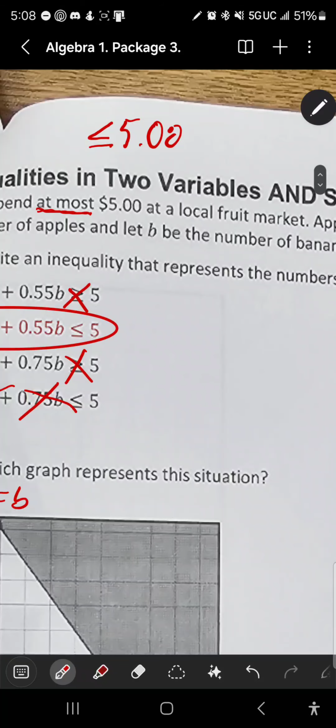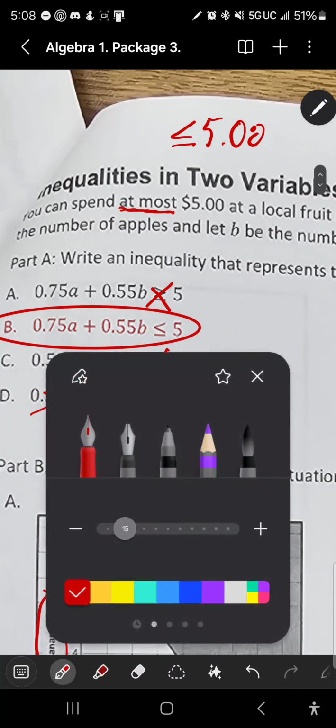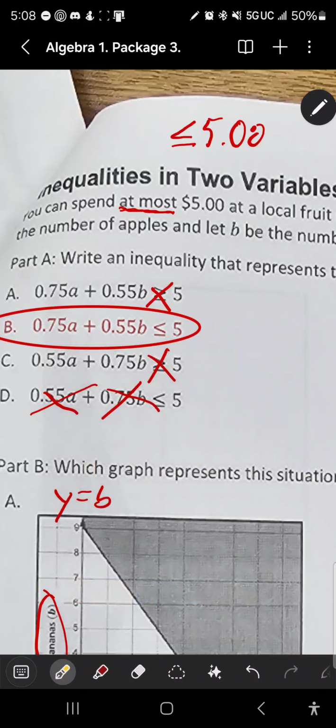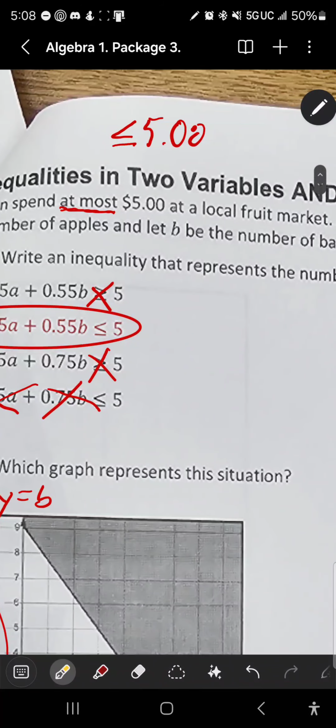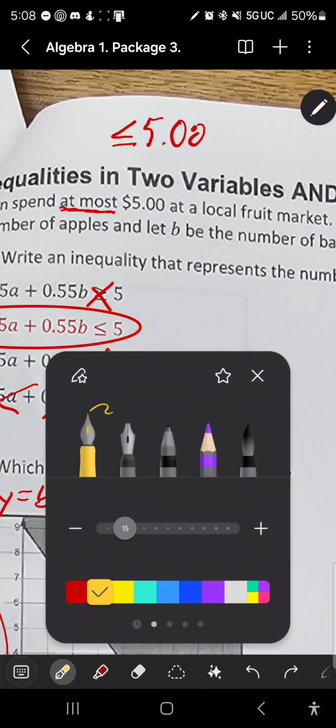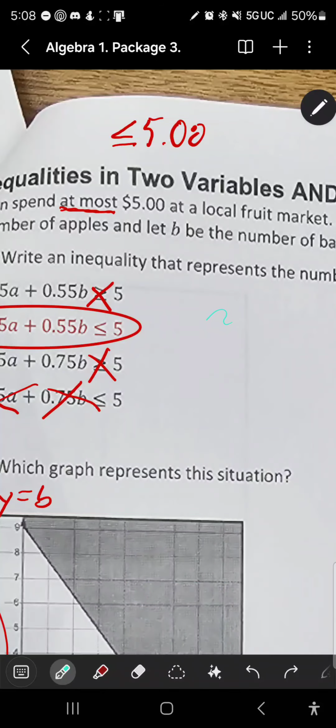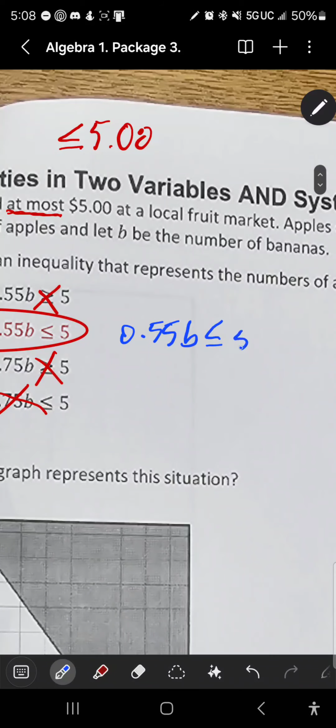So what I'm going to do is basic algebra. That's what we're doing in this class. We're going to subtract 0.75A from each side. Okay, let me use another color that you can see better, please. Now, 0.55B is less than or equal to 5.